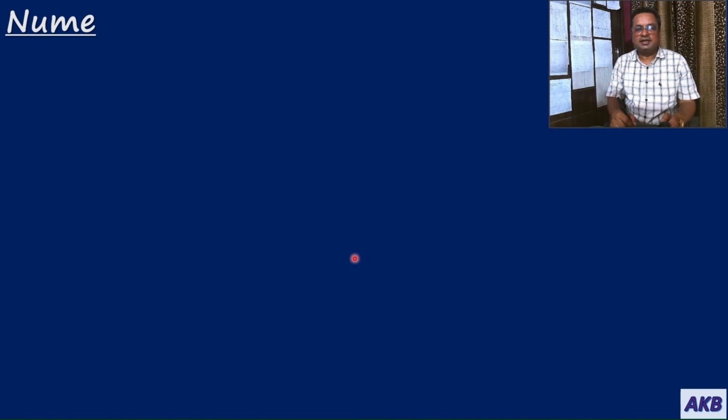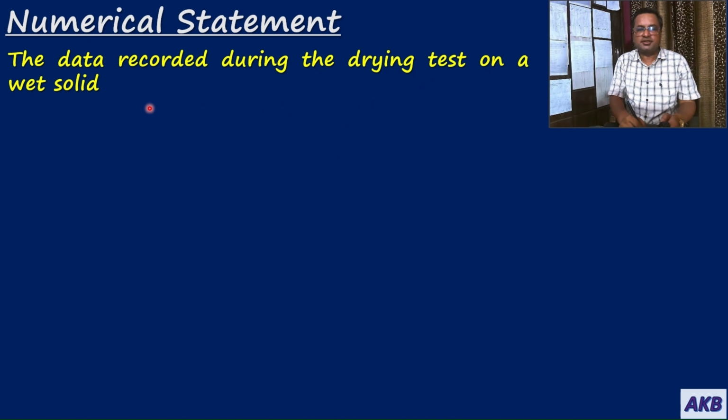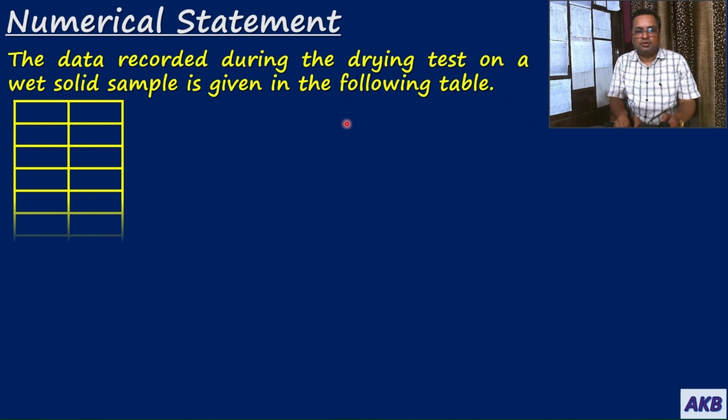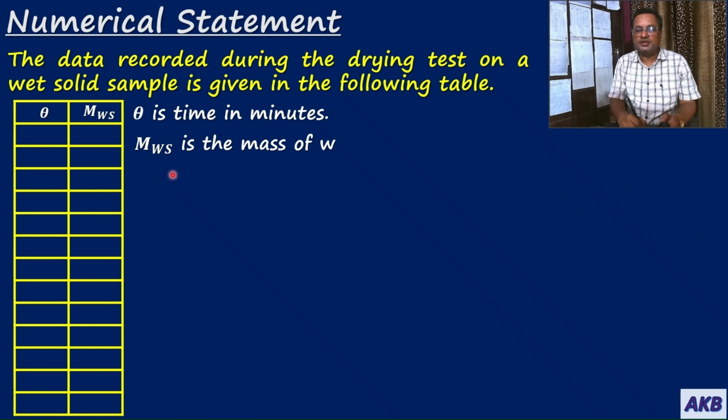To begin with, let us look at the numerical statement. The data recorded during the drying test on a bed solid sample is given in the following table. At different time intervals, they have given us the mass of wet sample. Here theta is time, which is measured in minutes, and MWS is the mass of wet solid, which is measured in kg.